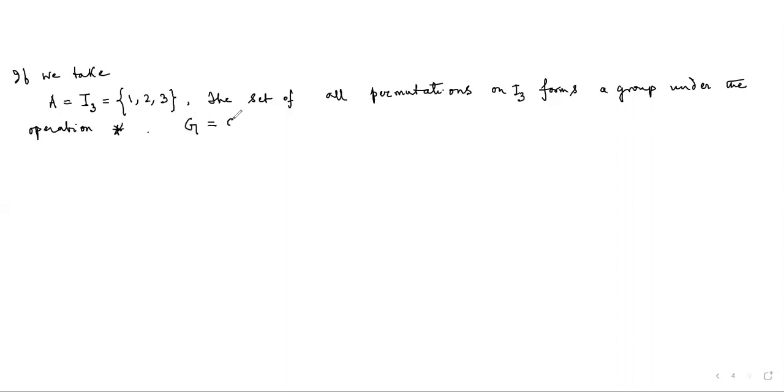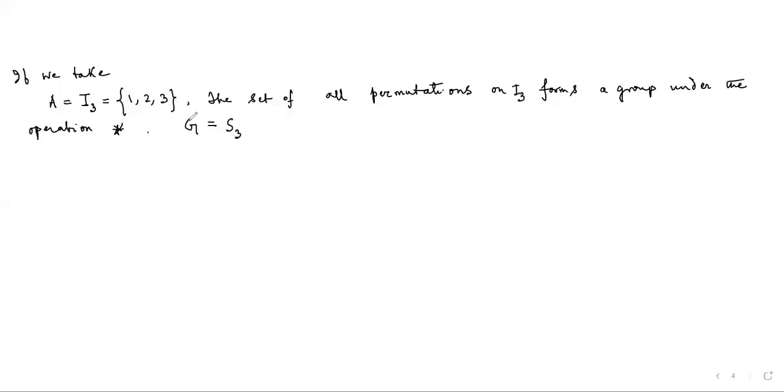right now will be denoted by S3, because in the previous page we just selected a general arbitrary set capital A, so a general notation capital G was used to represent a group. But right now I have changed it to a special case, which is I3 containing the first 3 natural numbers.